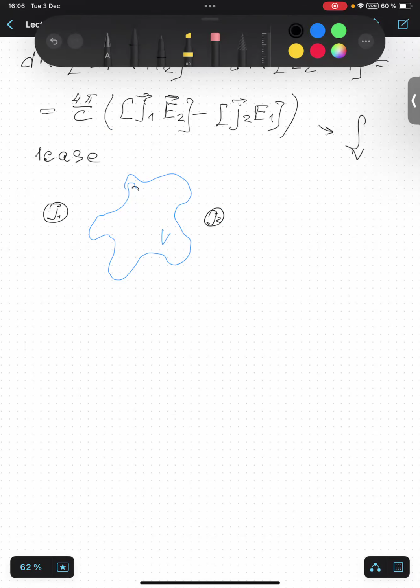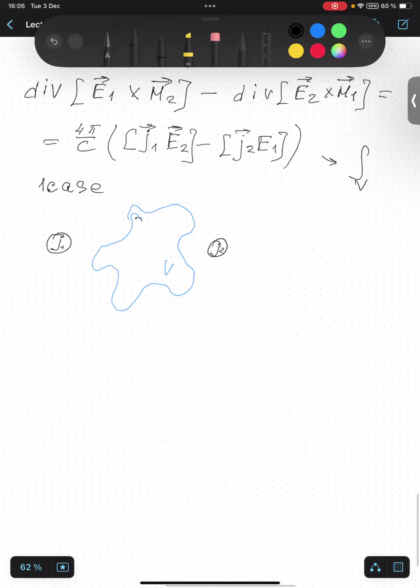And due to this fact, obviously the second part of the equation is equal to 0, because our volume doesn't contain sources. It is 0 inside the integral.